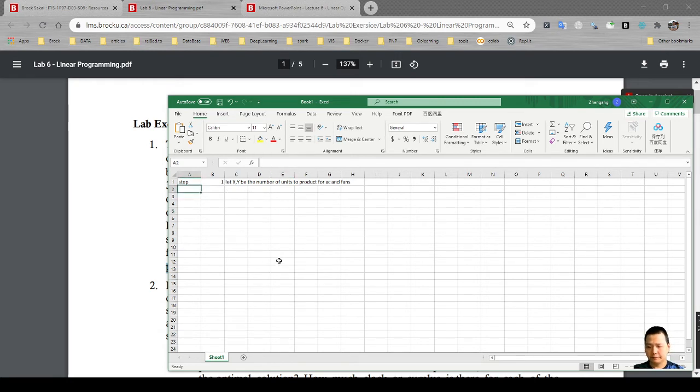And the second step, step 2, is the constraints.